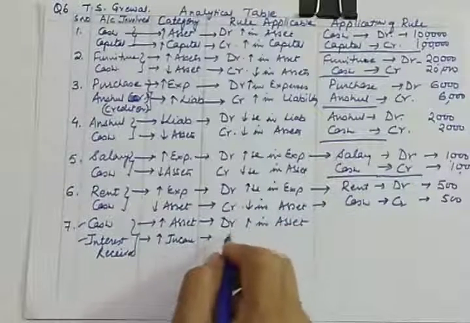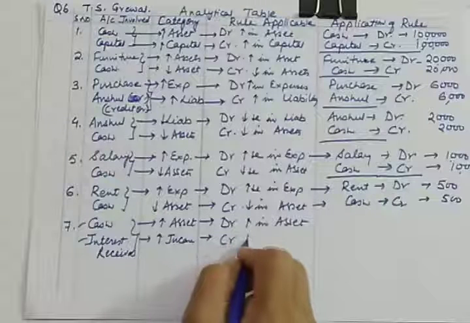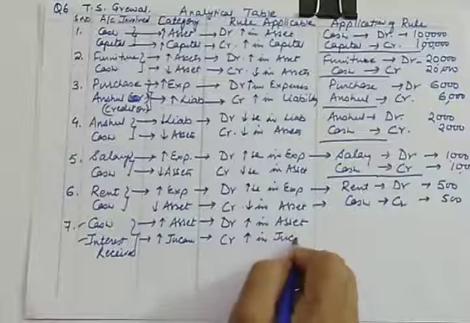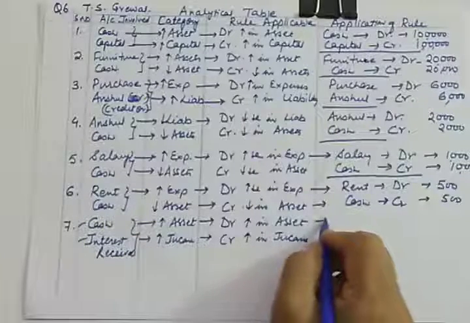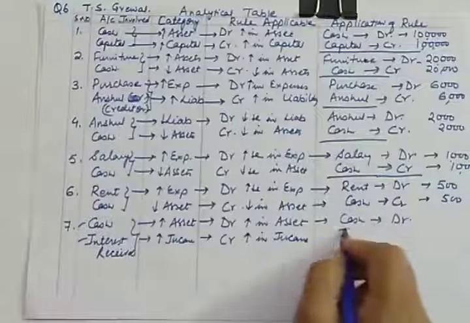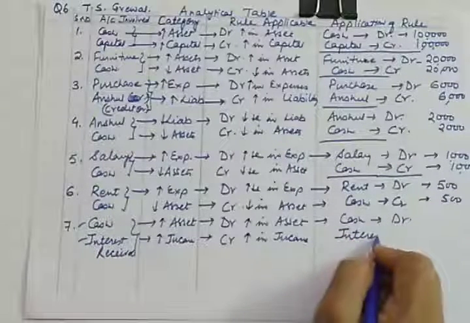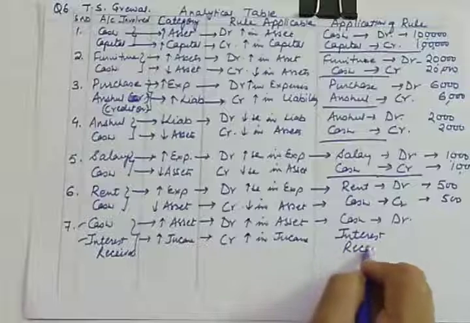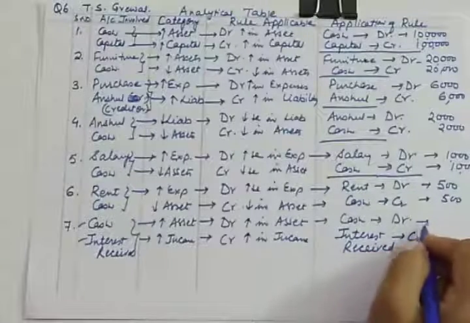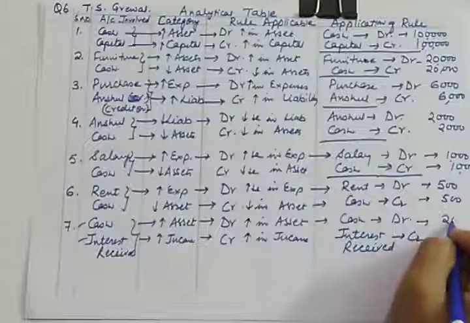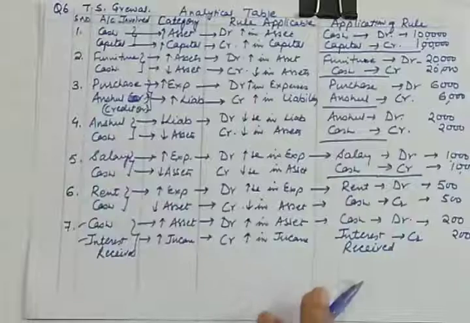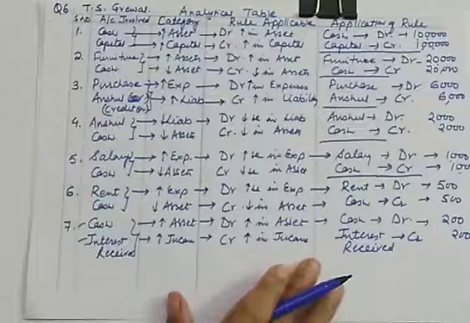And while here it will be credit, increase in income. Now connect with this. Cash will be debited and interest received will be credited. And what is the amount? Amount is 200. So this is how we need to analyze the transaction.